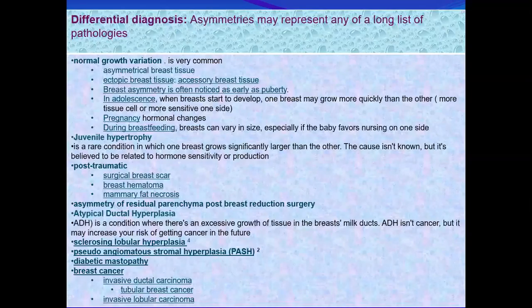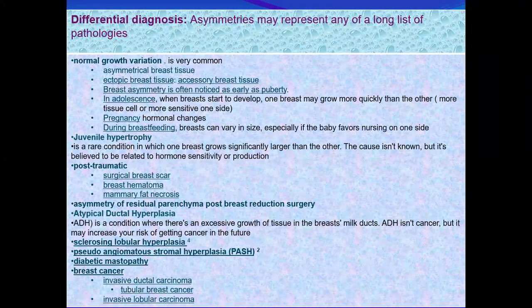So the differential diagnosis for asymmetry might include any of a long list of pathologies. The very common one is normal growth variation, asymmetric breast tissue, ectopic or accessory breast, noticed at early puberty or in adolescence.